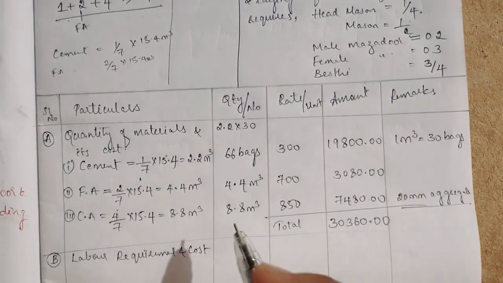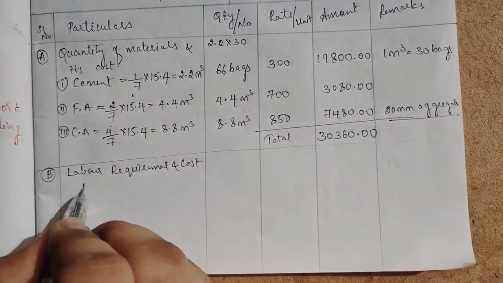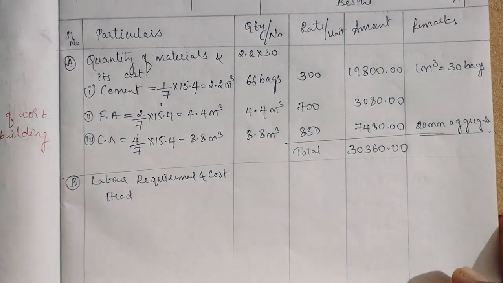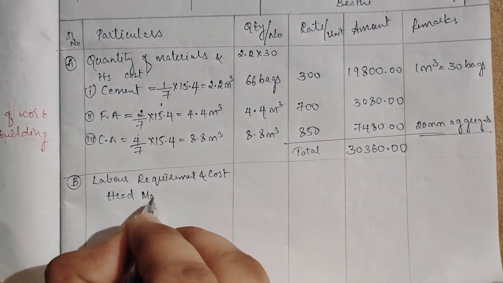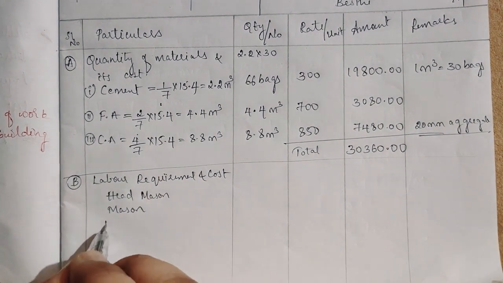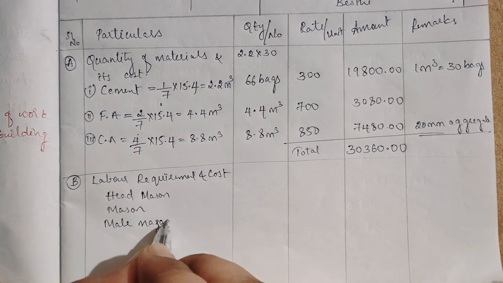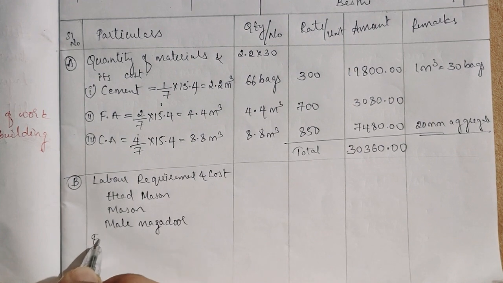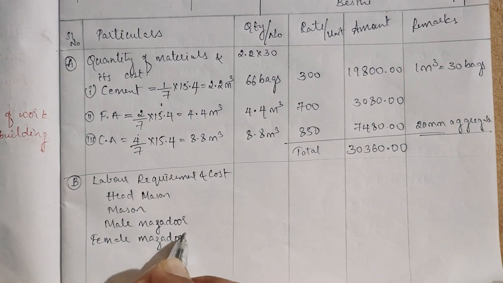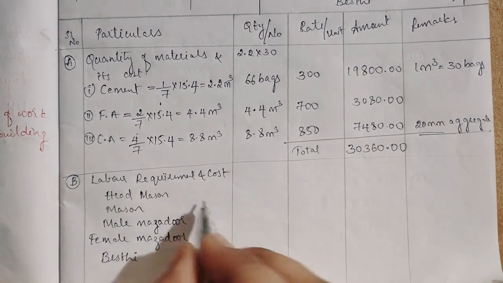Now I'll just write the headings: head mason, visible, right? Head mason. Next is mason, I'll take. Next, male mazdoor, female mazdoor. Next we have basti, right?